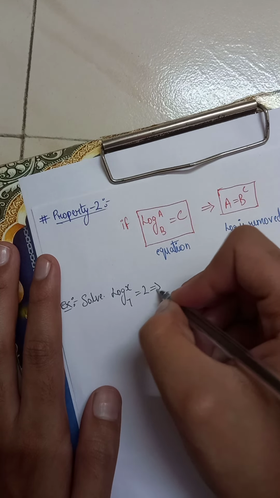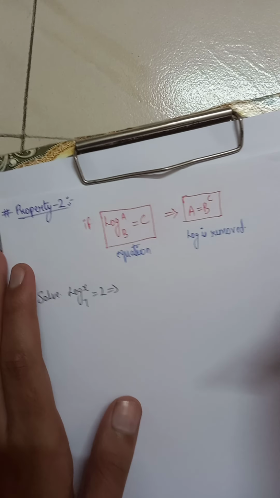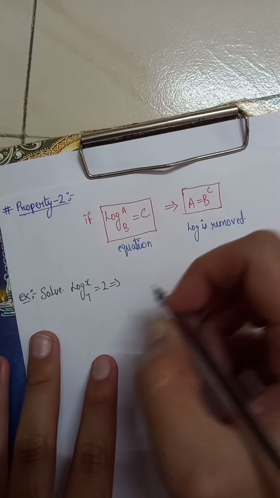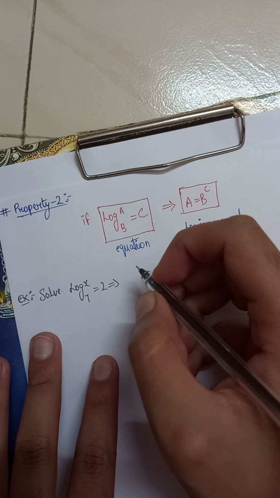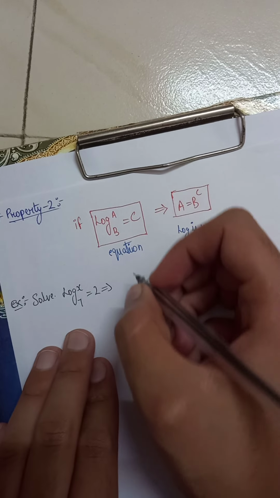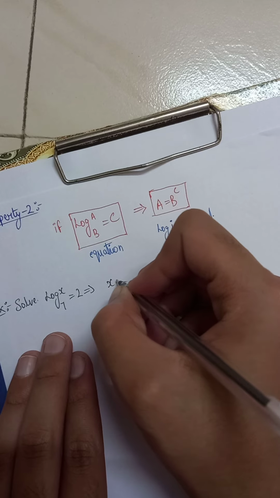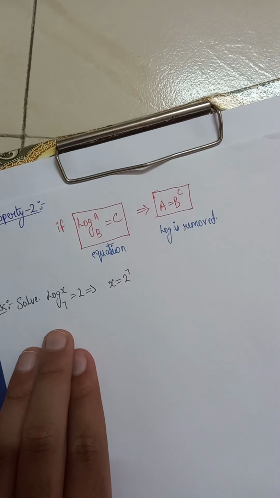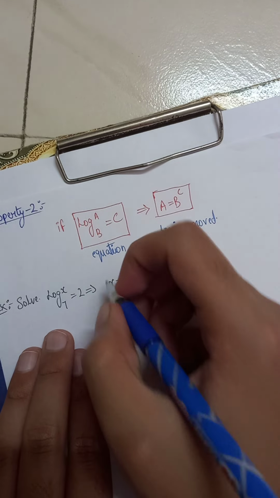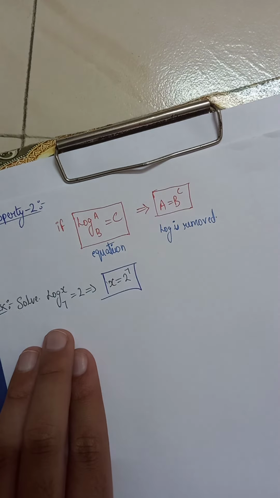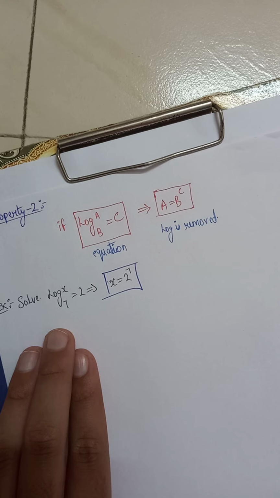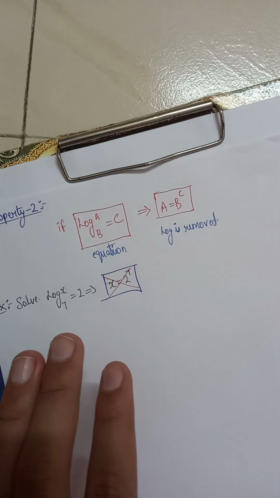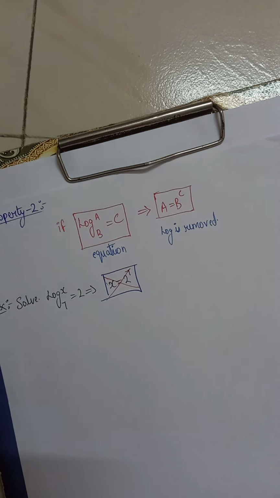So how would you write this? I hope you paused the video and wrote the answer to this question. If you write the answer as x is equal to 2's power 7, then I would like to tell you that you are completely wrong.